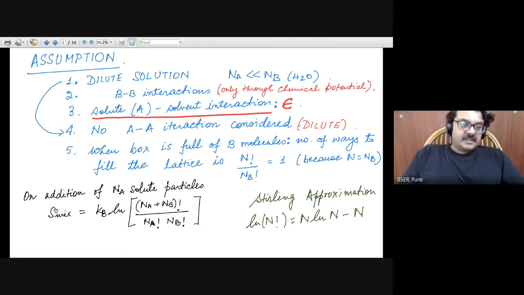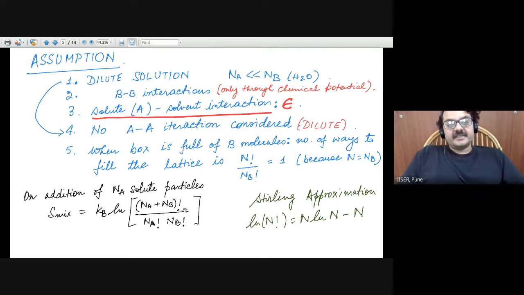Right now, this is the entropy of mixing. This formula comes from statistical mechanics. Entropy is basically Kb log number of microstates.